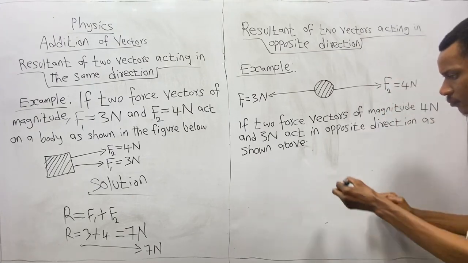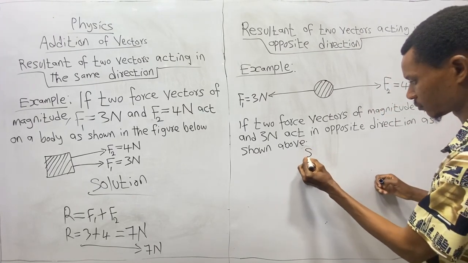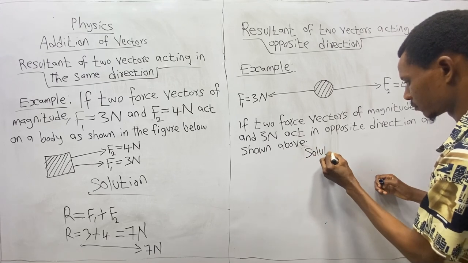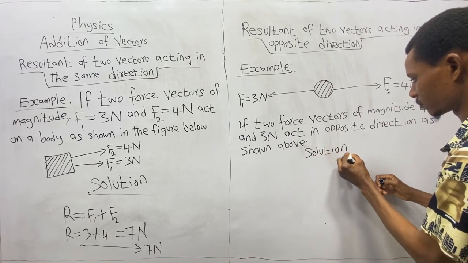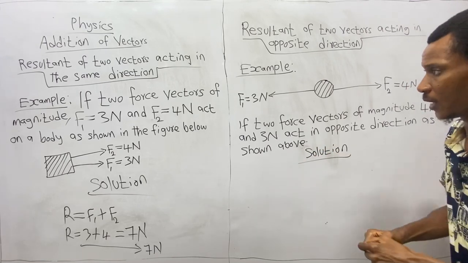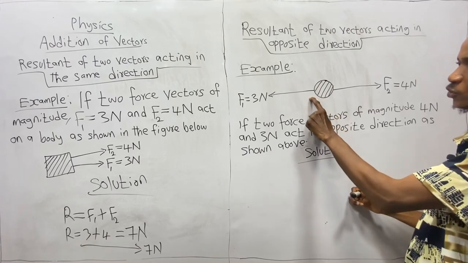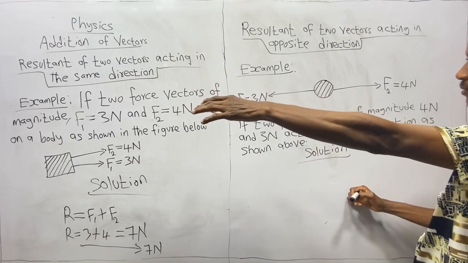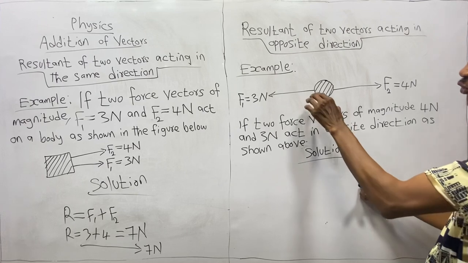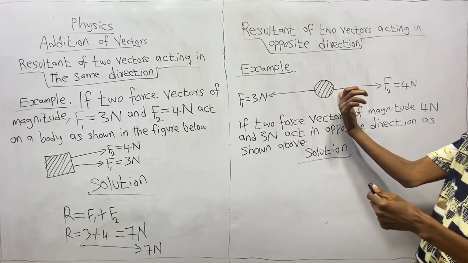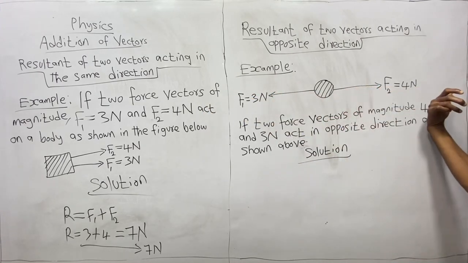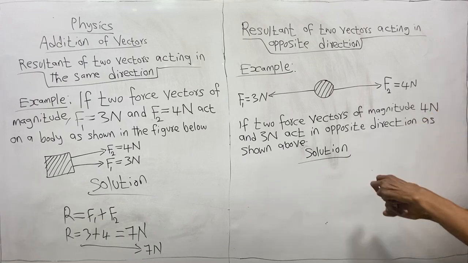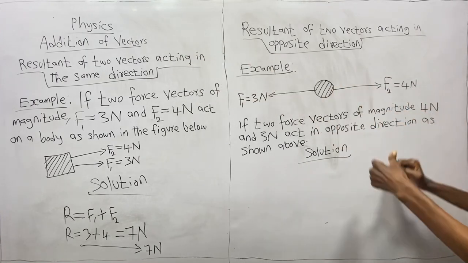Solution. As you can see, this vector F1 is going to the right, while this vector F2 is going to the left. So they are moving in opposite direction.